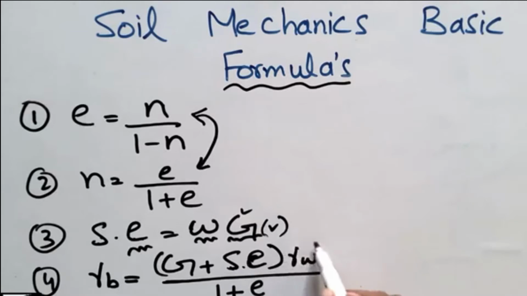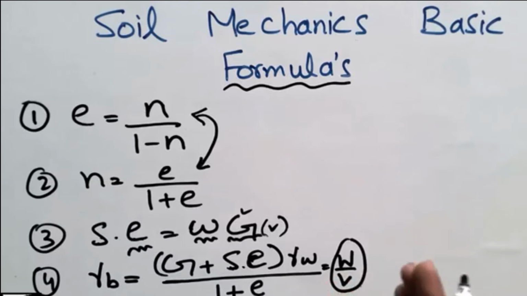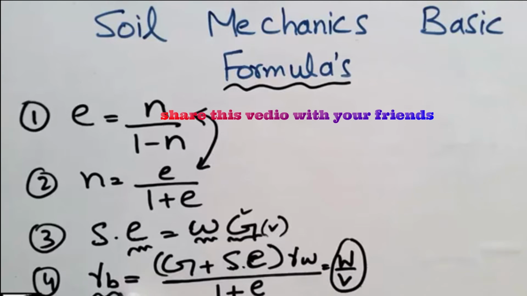Gamma_w is the unit weight of water, which is not the same as the bulk unit weight. This is divided by 1 + e, so we can find the bulk unit weight by this formula. The bulk unit weight also equals the total weight of the soil divided by the total volume. But in some problems we are given parameters like these, so we should know how to find the bulk unit weight by this method.